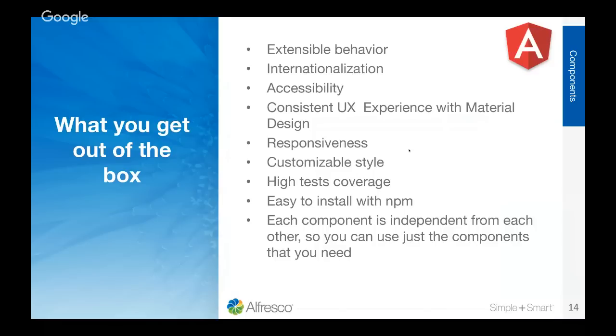Each component is also independent from the others. So if you, for example, want to use the document list, which is part of the ECM side of our platform, inside your application, you don't need to import all the other components and make your application heavy. You just choose the one that you want, import it, and start using it.